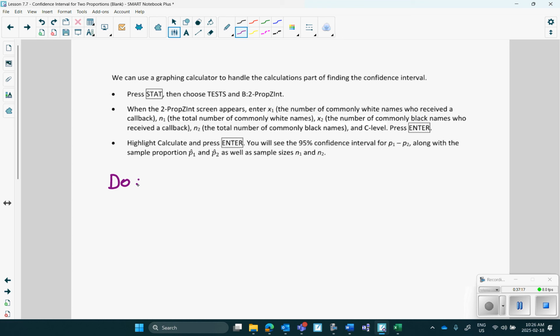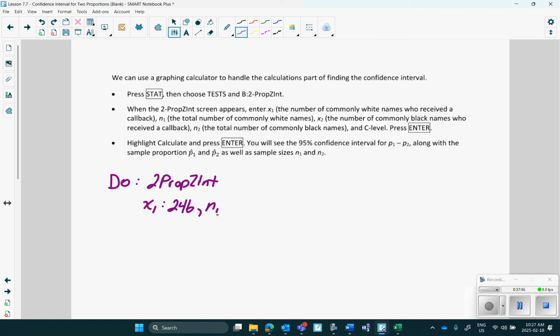So for the do phase, we're doing a two prop Z int. And we're going to be asked for the following information. The number of white names that received callbacks, 246.